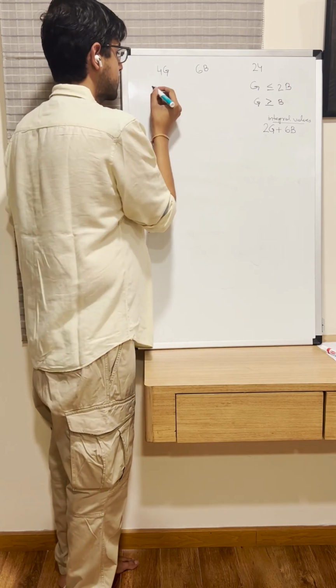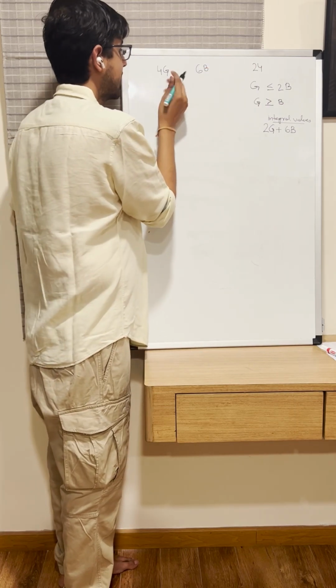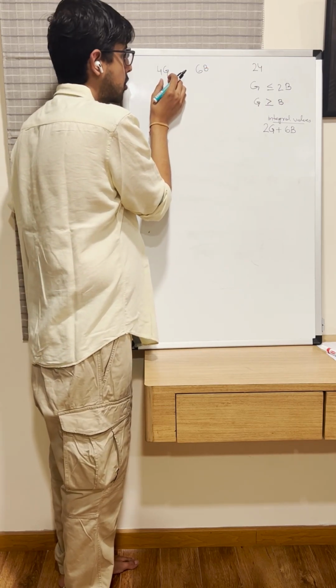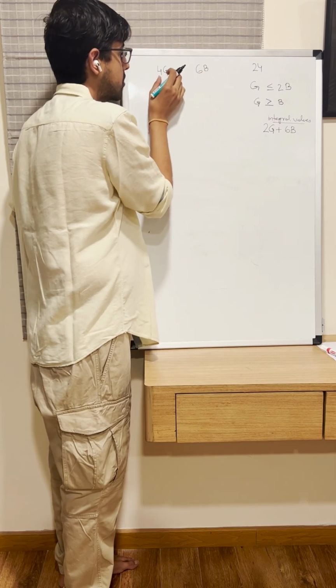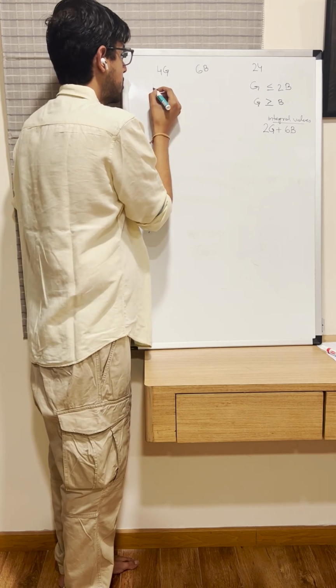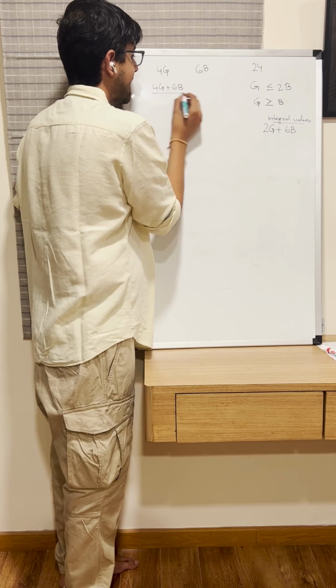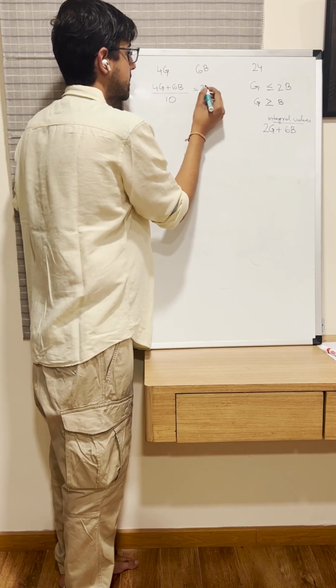Let's apply the average formula first. 4 girls and 6 boys means a total of 10 students. And since each girl has scored the same and each boy has scored the same, I'm going to assume the girls' marks to be G and boys' marks to be B. So (4G plus 6B) by 10 is equal to 24.